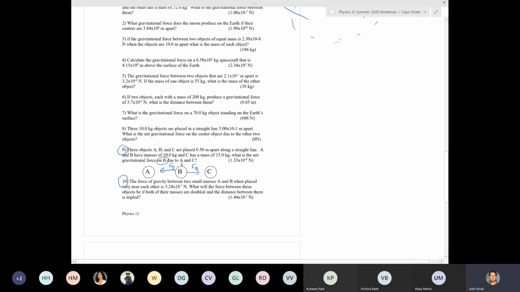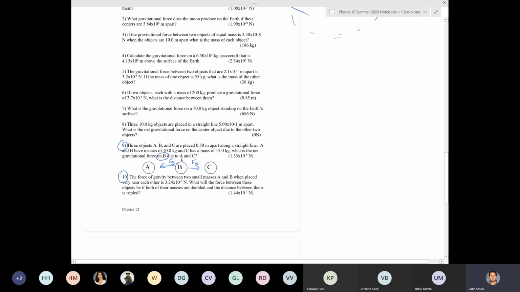So what we have here is, we'll call this FGA and FGC. The net force acting on B is going to be FGC minus FGA. And then all we have to do is plug those in.